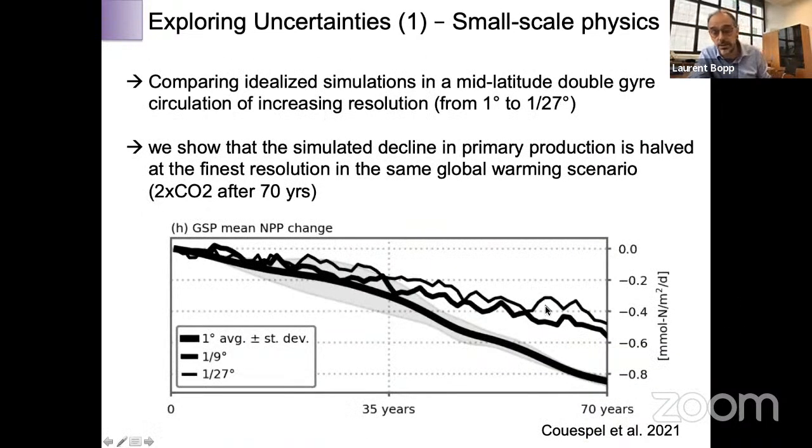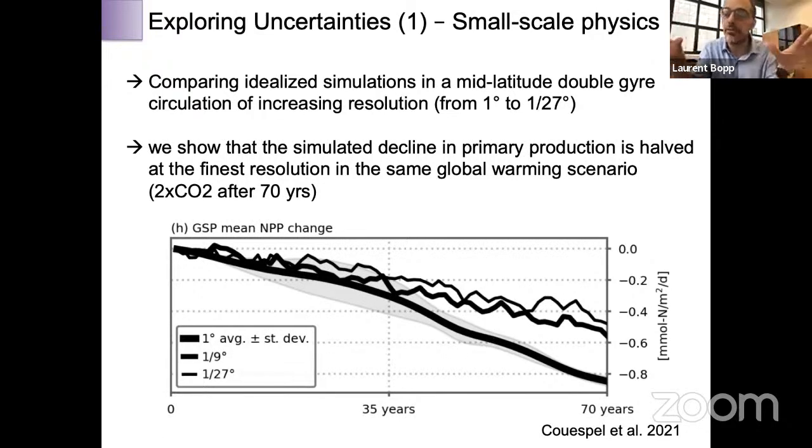And so what Damien Coepel showed in this paper is that by comparing those idealized simulations in this mid-latitude double gyre configuration, when you increase the resolution, you still have a decline of NPP in this region, but this decline is reduced. So you have much less decline when you have increased resolution than in the standard configuration at 1 degree resolution.